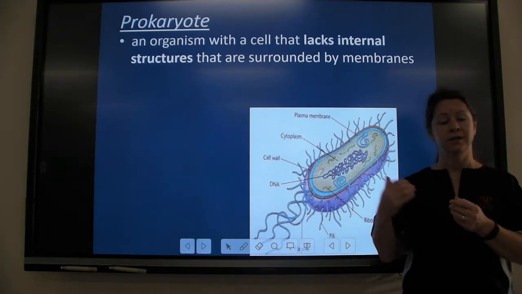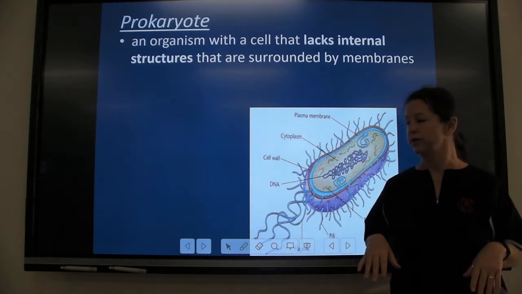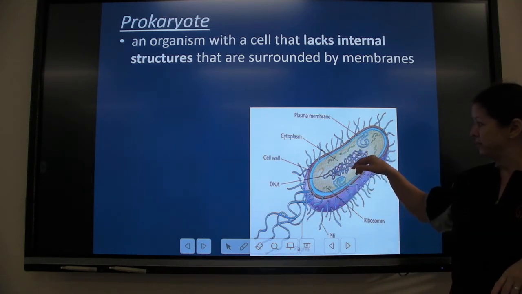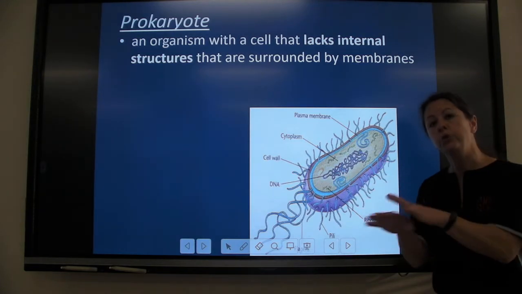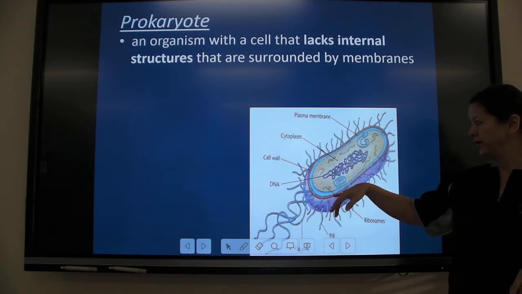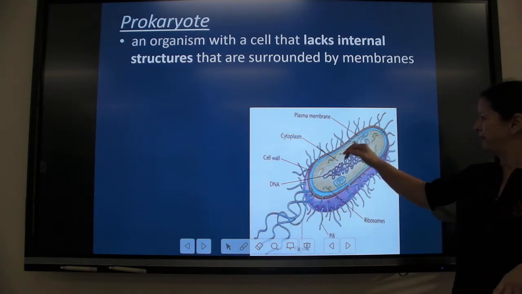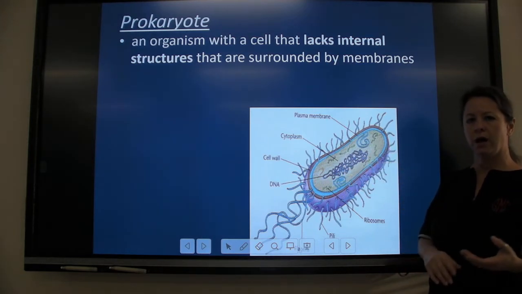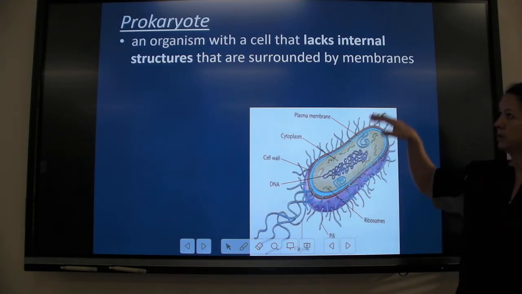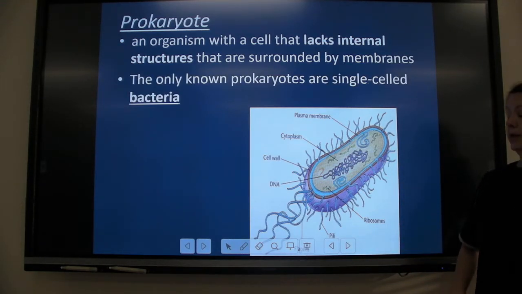So in other words, these things do not have organelles. Right? Look inside. You have some DNA, but there's no nucleus. All right? You have a plasma membrane around the whole thing, but you don't have Golgi apparatus, and you don't have chloroplasts or mitochondria. None of those organelles are in this thing, so there's no internal structures surrounded by membranes.